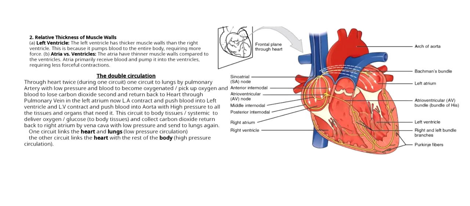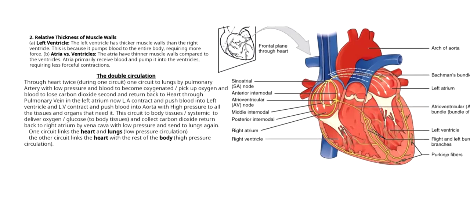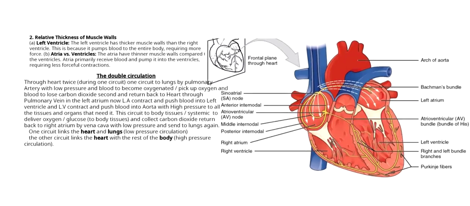So let's have a look at this double circulation. Why do we say that in the human heart there is a double circulation? In humans there is a double circulation because the blood comes into the heart and then goes to the lungs for purification, and then returns back to the heart after oxygenation, and then is sent to the whole body.